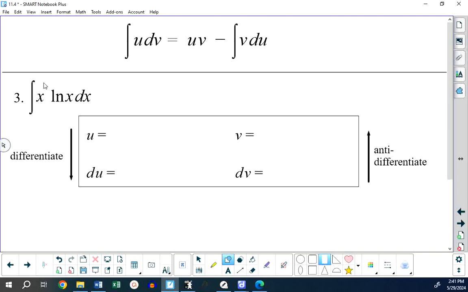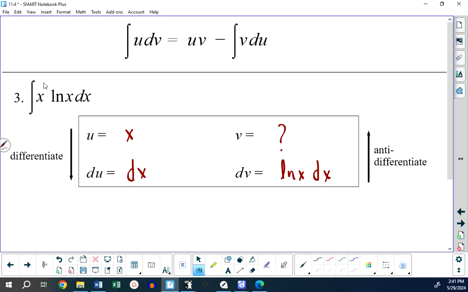And you go, well, Mr. Way said, I want to choose for u the thing that gets simpler, and you do this. Pretty simple, right? I know what the antiderivative of ln of x is, but you don't.